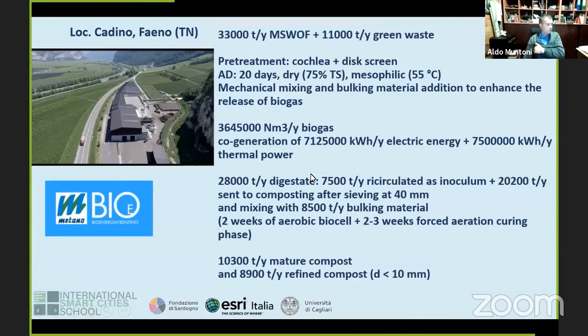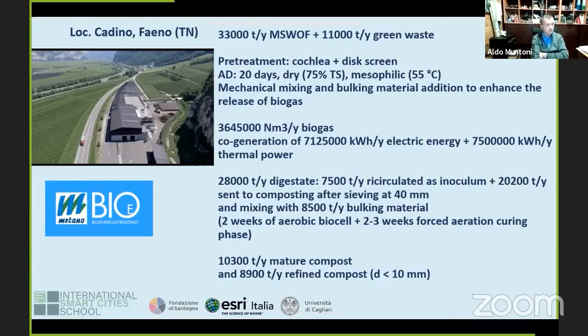Now, just to close, I want to show this type of plant because I'm pretty sure that we are going towards a new age in waste management, where all the packaging material, all the items will not be considered as waste anymore, but will be given back to the producers.